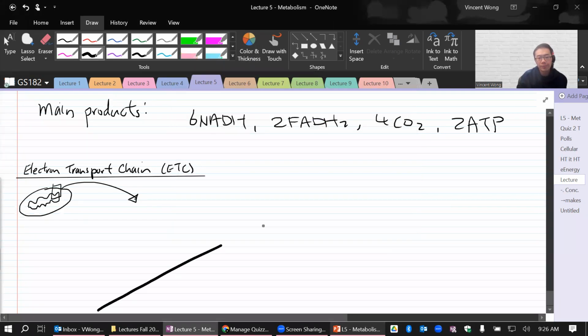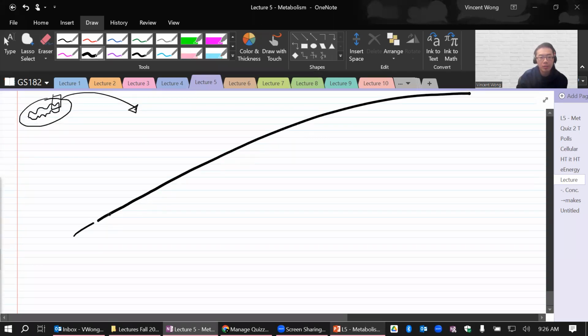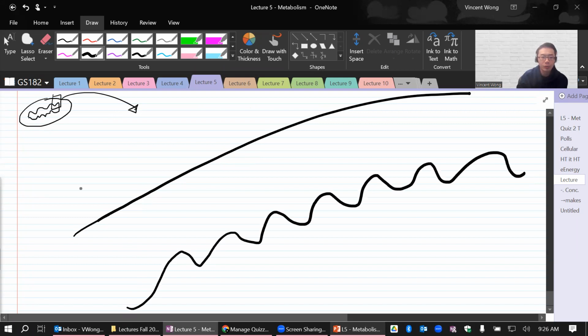So here we have the outer mitochondrial membrane, and here we have the inner mitochondrial membrane. Let's label that for you. Outer membrane, inner membrane.